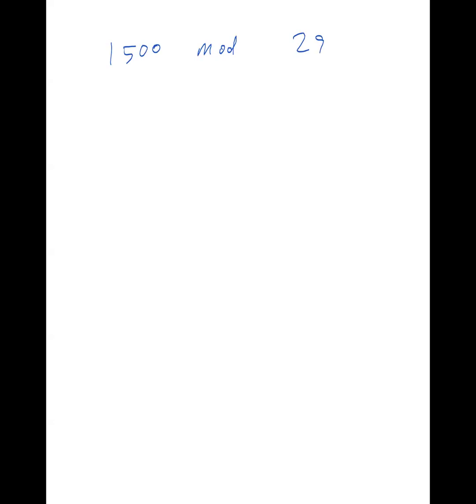But we could also factor 1,500. So what are the factors of 1,500? Well, it's 15 times 100, right? So that one factors a lot more nicely than before. Can 100 break down any further?